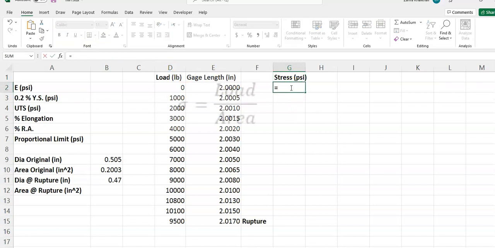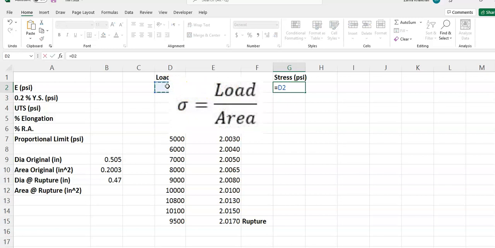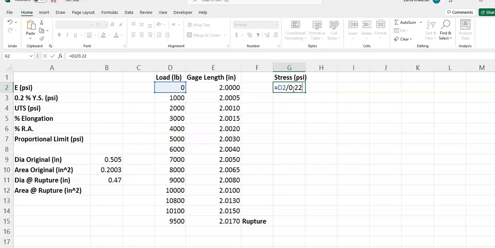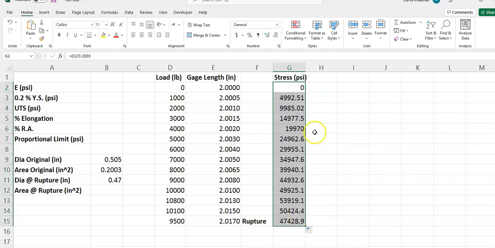So I'm going to add the equation here, load divided by the original cross-sectional area that we obtained here. So I'm going to put this number here, 0.2003. Drag this autofill handle, and here we have stress corresponding to each of these loads provided here.